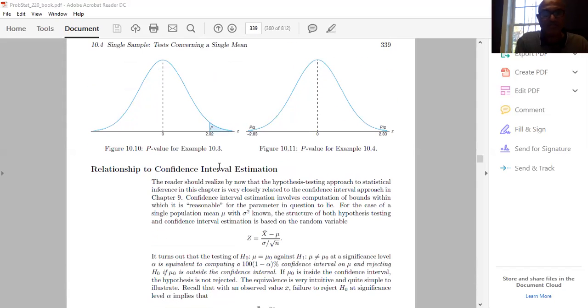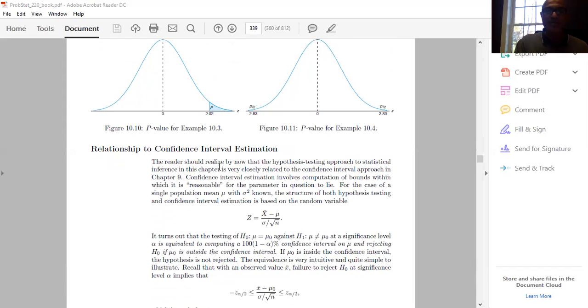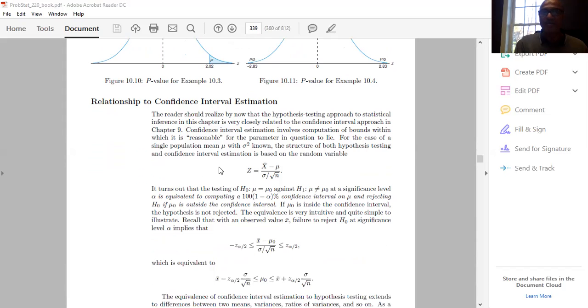My next part says relationship to confidence interval estimation. Readers should realize by now that the hypothesis testing approach to statistical inference in this chapter is very closely related to the last chapter, chapter 9, in which we saw the confidence interval approach. Confidence interval estimation involves computation of the bounds within which it is reasonable for the parameter in question to lie.